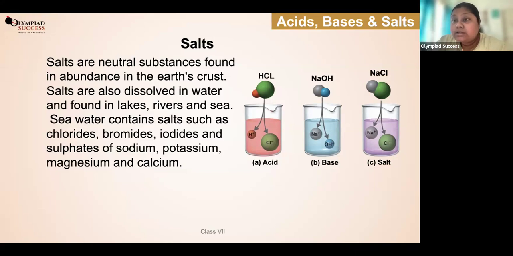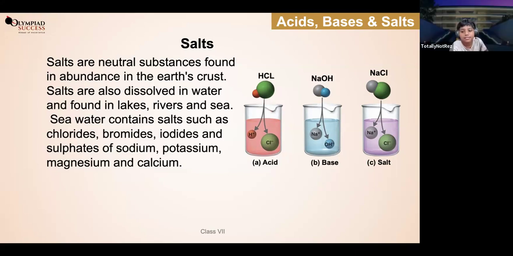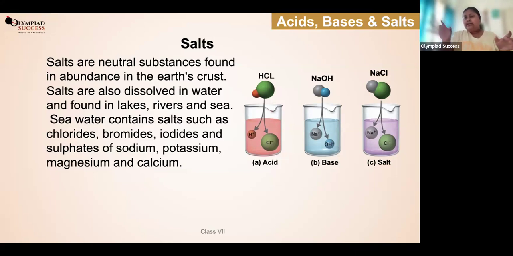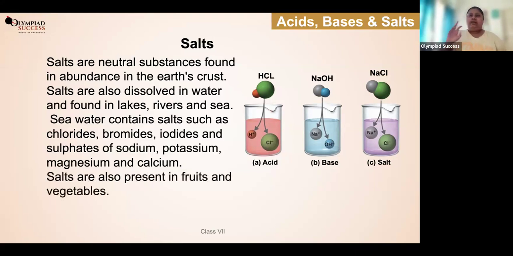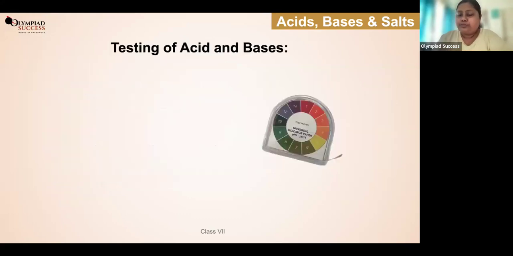Calcium sulfate is a salt. So remember this, chloride, bromide. If you see them anywhere, understand that they are salt. Now, moving on to their pH, you already know since they are formed as a product of a neutralization reaction, their pH is going to be 7, neutral. And I've already told you that they are soluble in water.